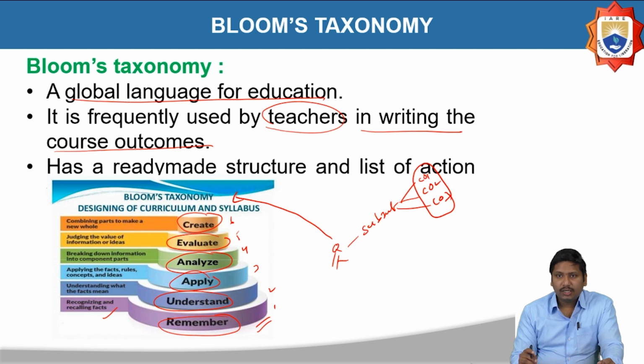Some constant, fixed definitions will be available in a particular subject, and recognizing and recalling those facts is the remember level. The next one is understand. Understanding means we have to understand a particular topic, knowing something about the topic. That is the understand level, which means understanding what the fact or term means.